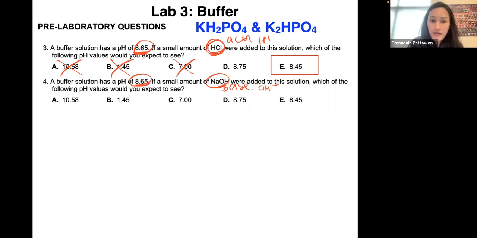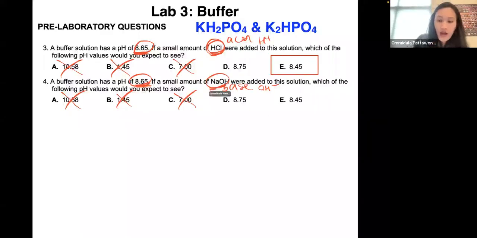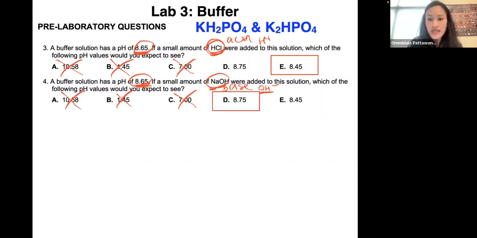Well, again, a buffer can resist a large pH change, so any pH change that is really large in comparison to the pH of a buffer, you can eliminate those choices. How much it would change depends on what you add. Since we add a strong base, it is going to raise the amount of hydroxide ion. Therefore, it's going to cause the pH of the buffer to slightly increase. So the answer of this would be D.